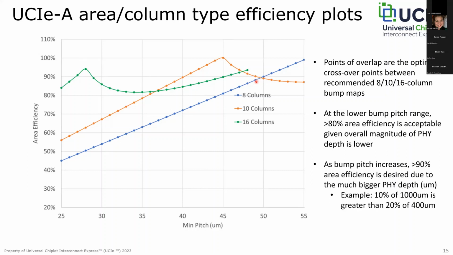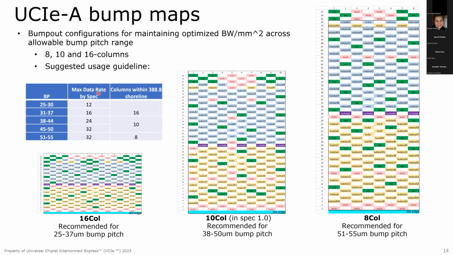One final comment about this: while something over 80% is pretty good for the smaller bump pitch range, the reason why that's important is, if I go back to the previous foil here, the magnitude of the height here is relatively small. And therefore, having 10 or 15% inefficiency doesn't really hurt you from a practical number of microns point of view.